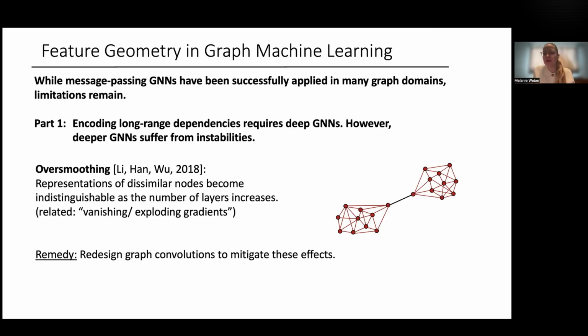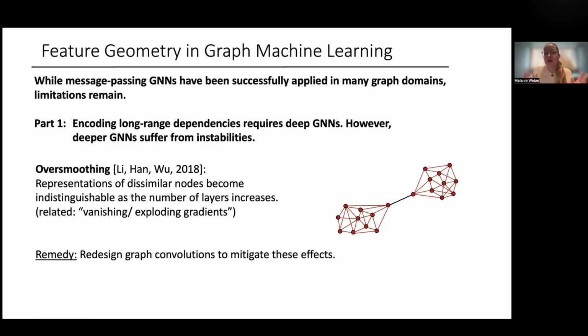In the first part, we will talk about one specific branch of deep learning, namely deep learning on graphs or graph machine learning. And in graph machine learning, as you might know if you have worked in this area, message passing graph neural networks are among the most popular architectures that are being used as graph neural networks.